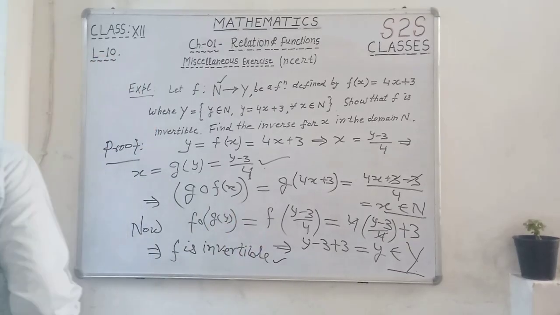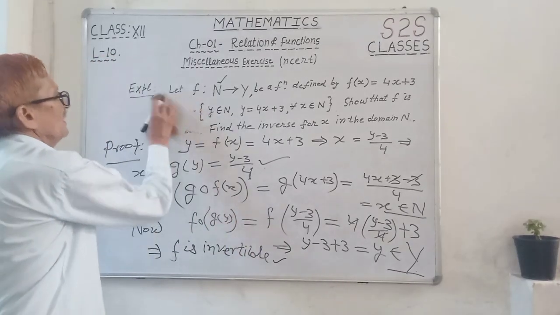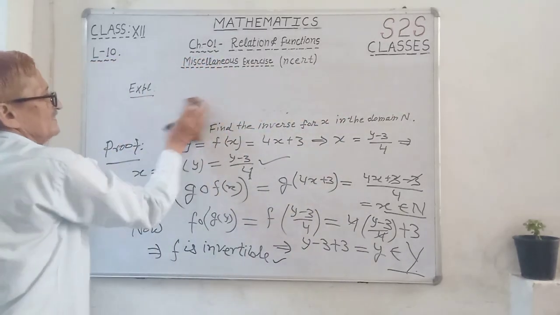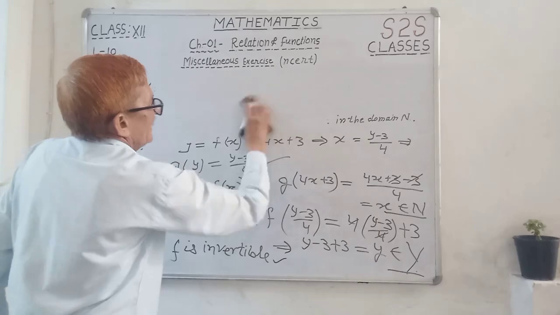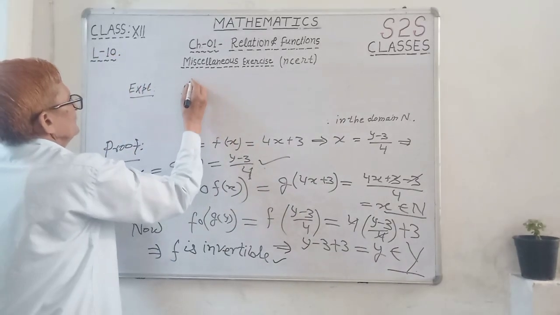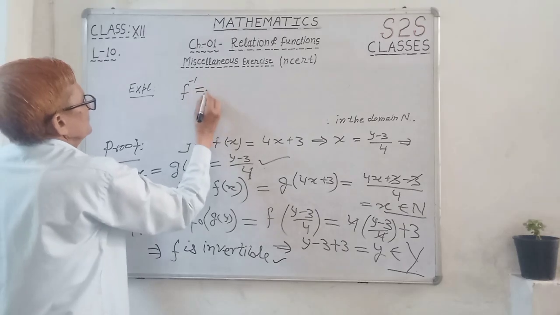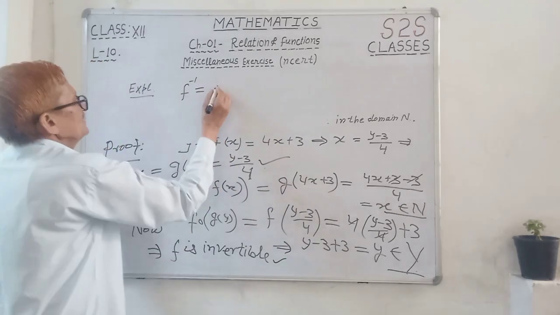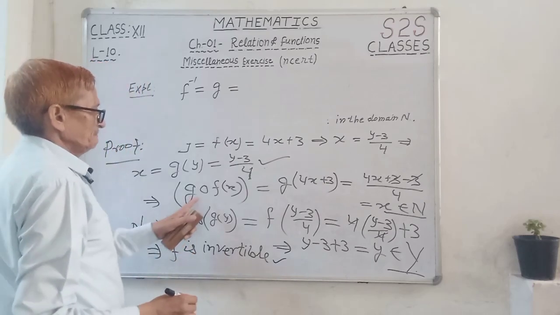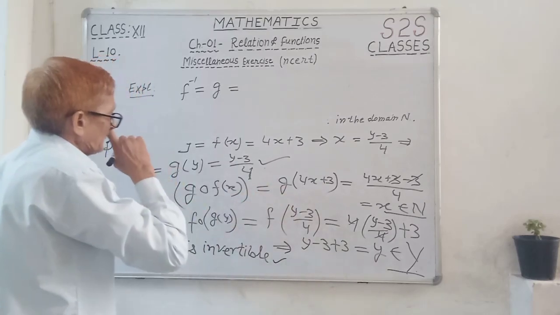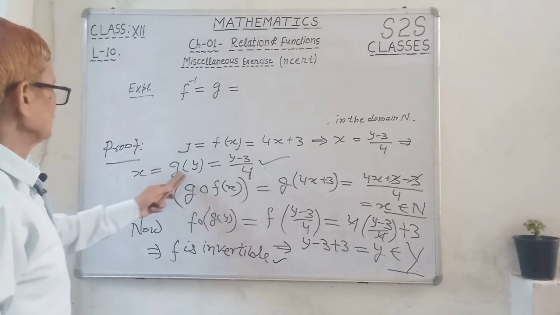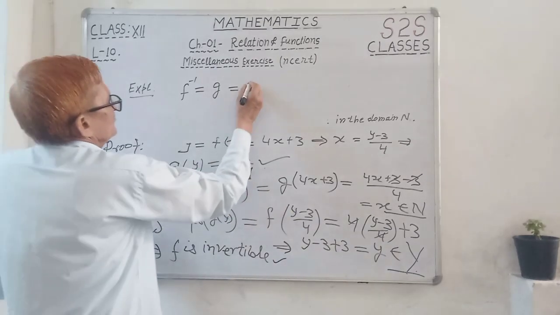And the inverse of f, what is the inverse of f? It is also asked: find the inverse in x. So f inverse is equal to the g function, according to the definition. What is the g function? The g function is x equal to (y minus 3) upon 4.